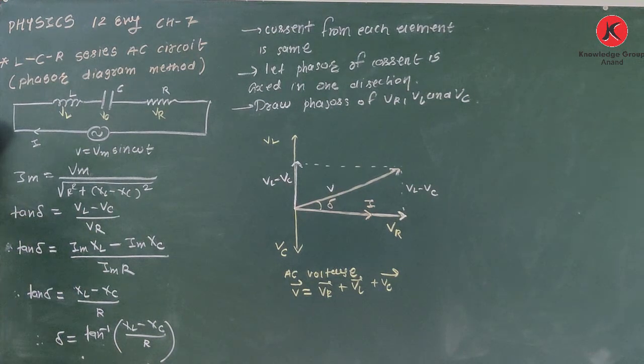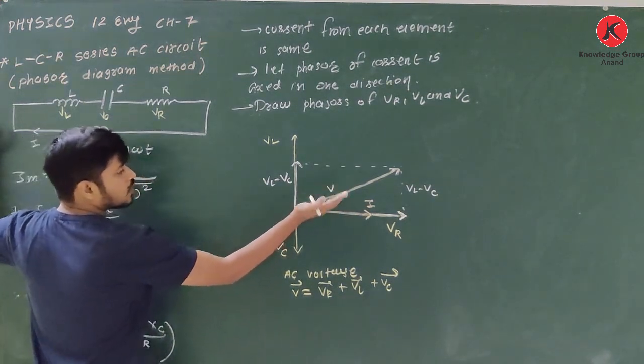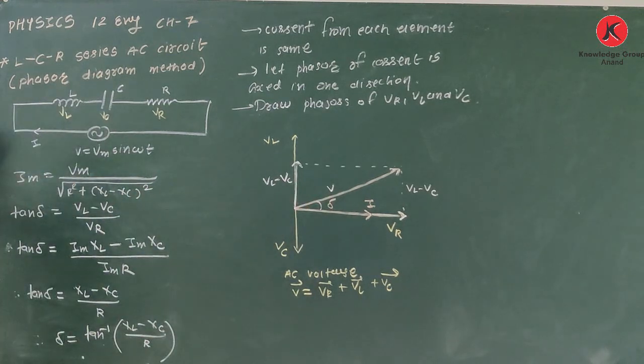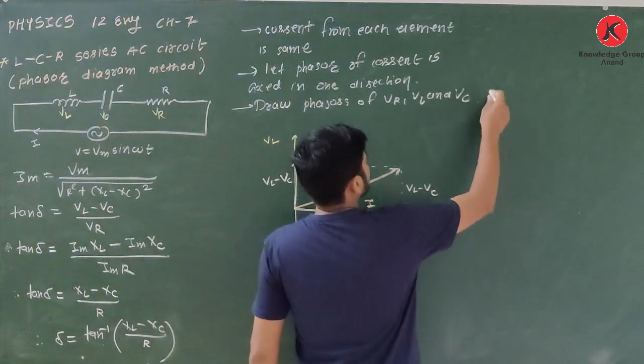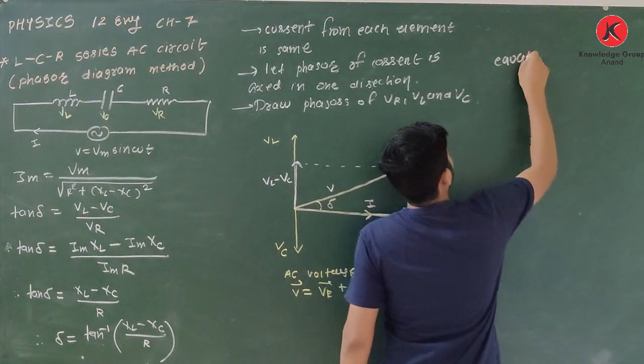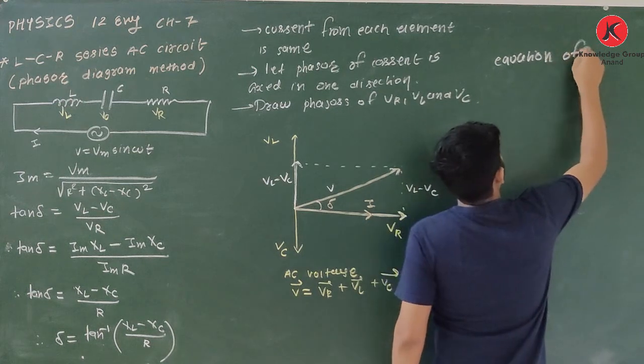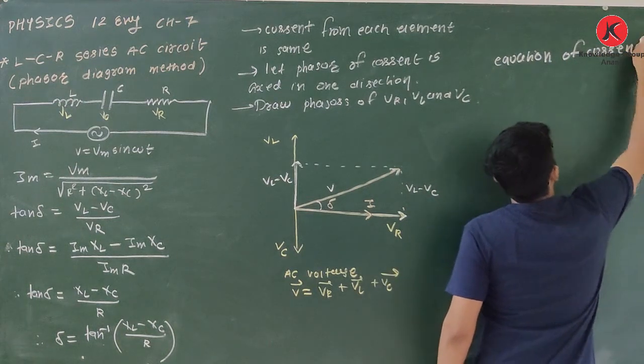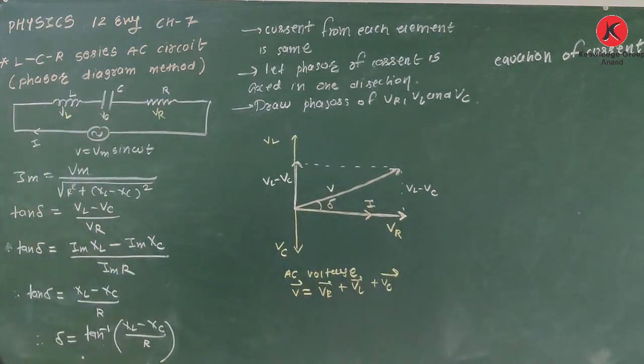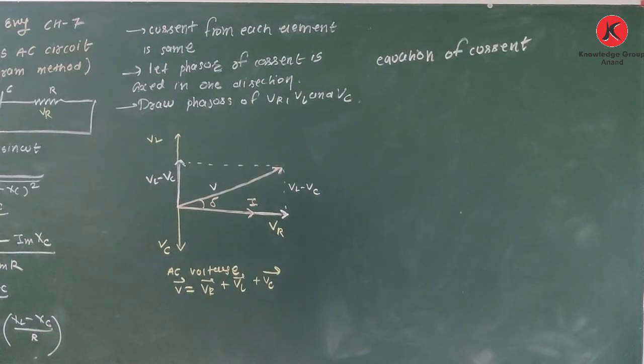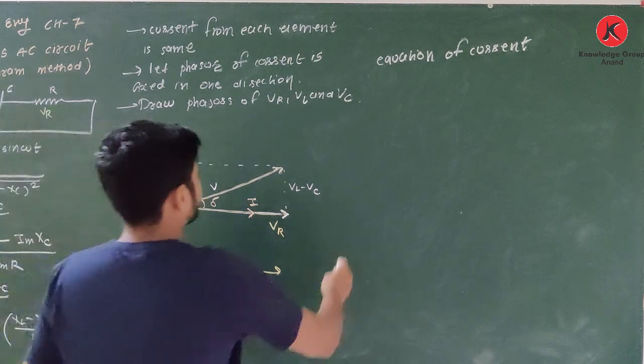In this circuit, the voltage phasor is above VR and I, so I can say this phase difference is positive. Then how to write the equation of current?